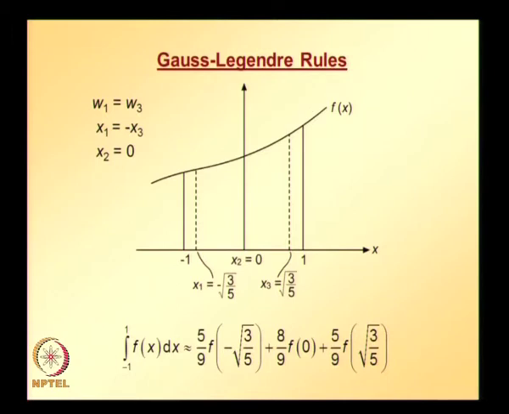So the integral of f(x) between the limits minus 1 to 1 is basically approximated as 5 over 9 times the function evaluated at minus root 3 over 5 plus 8 over 9 times the function evaluated at 0 plus 5 over 9 times the function evaluated at root 3 over 5.